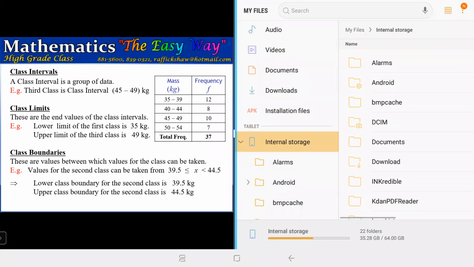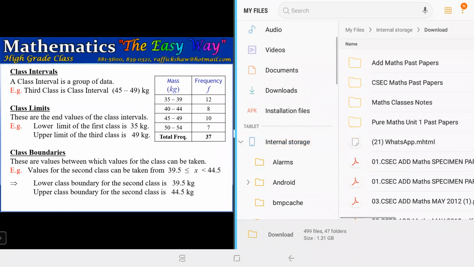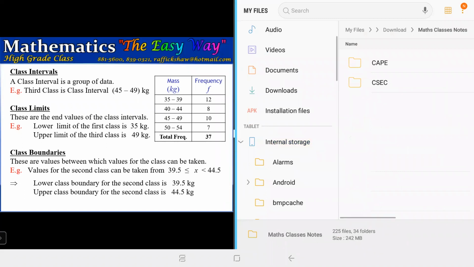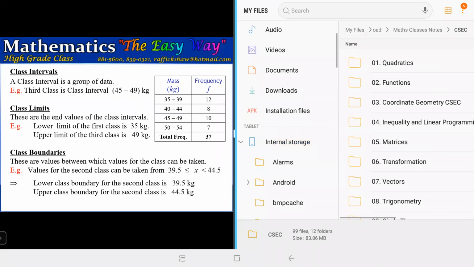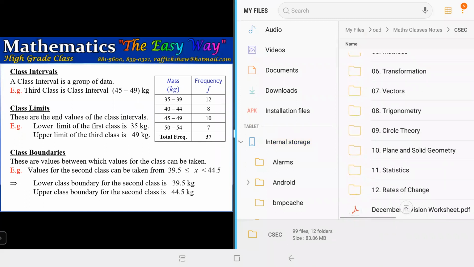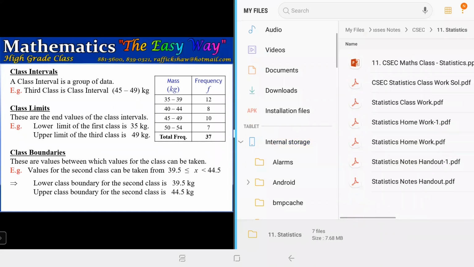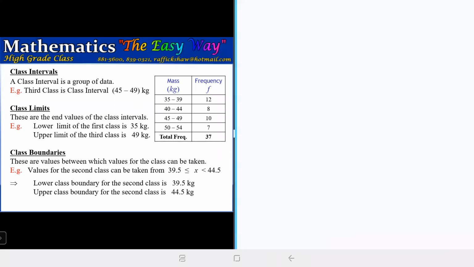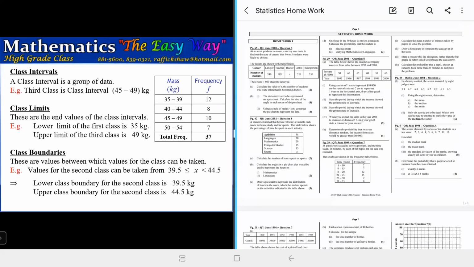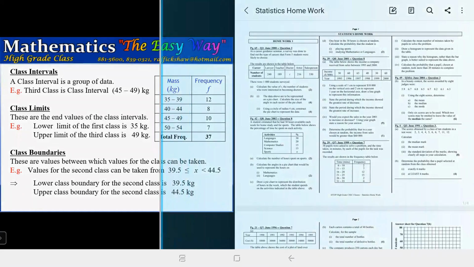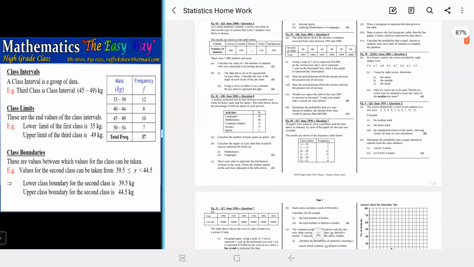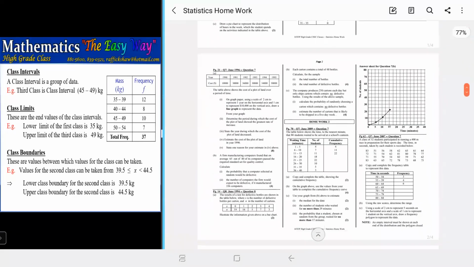Homework. Let me see if there's any question that I would want you to maybe attempt.